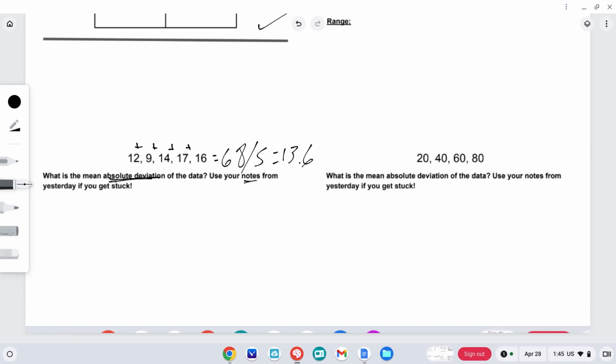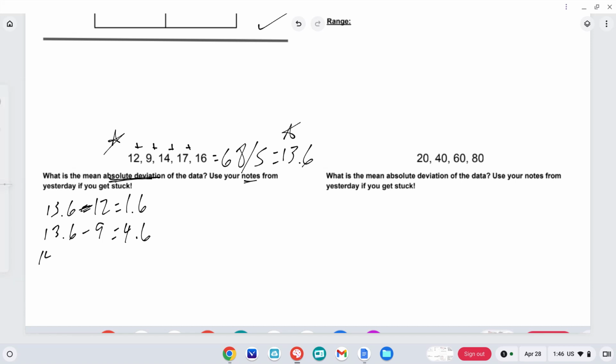Now we need to find the absolute value part. So we're going to find the distance between these numbers and the mean, starting with 12. I have bigger number minus smaller number. 13.6 minus 12 is 1.6. And then the next number, 13.6 minus 9, 4.6.